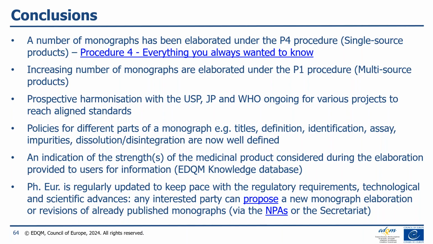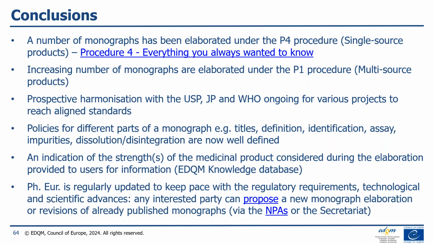We are engaged in prospective harmonization with the USP, Japanese Pharmacopoeia, and WHO, and this is ongoing for various projects with the aim to reach aligned standards. Policies for different parts of the monograph, such as titles, definition, identification, assay, impurities, dissolution, are now well defined over the years, and this is all captured in the technical guide.